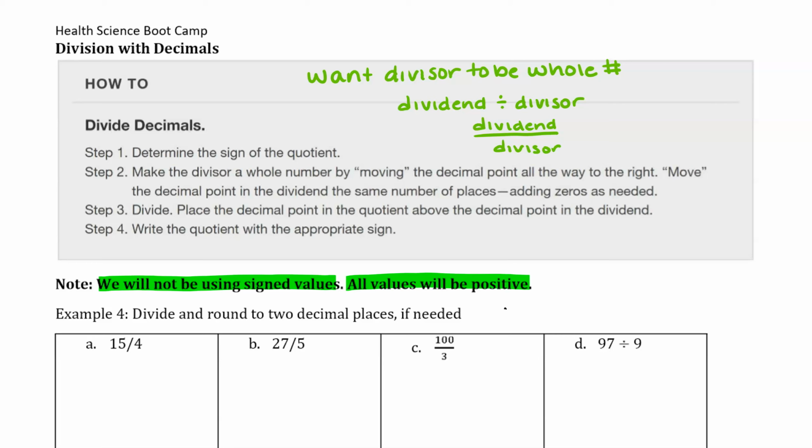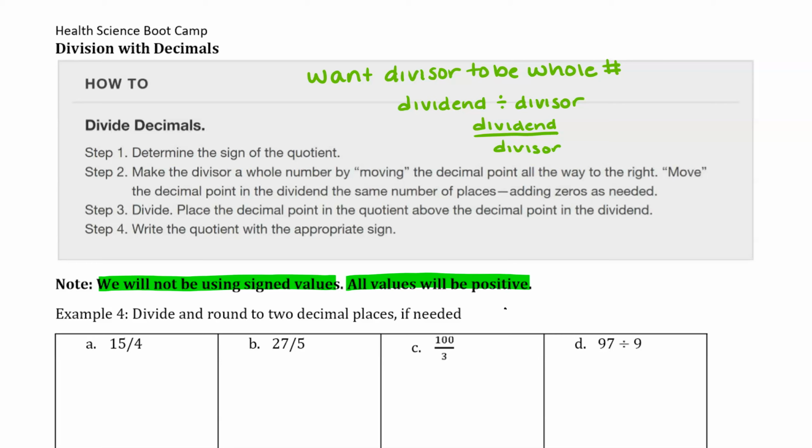We said, we'll just stop, we'll call it a remainder. But what we're going to do today is keep going. And to keep going, you tack on more zeros after the decimal place. So even if your dividend has a decimal in it, you can still continuously tack on zeros.